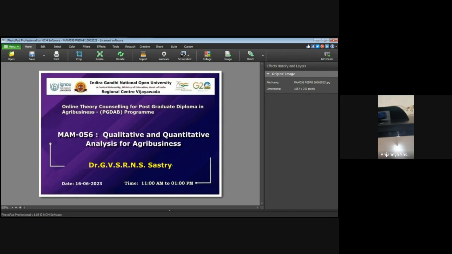Next is data editing: omissions, ambiguities, inconsistencies, and data coding. These are all in the questionnaire. Data tabulation is very important. This is frequency distribution.